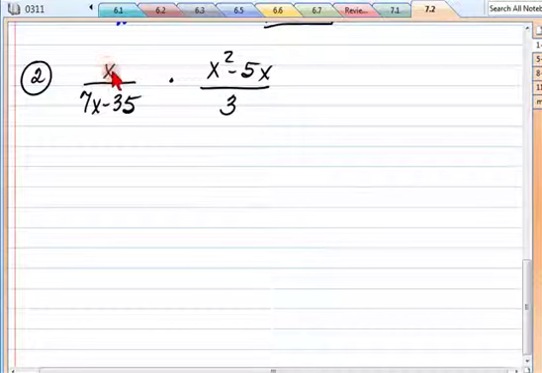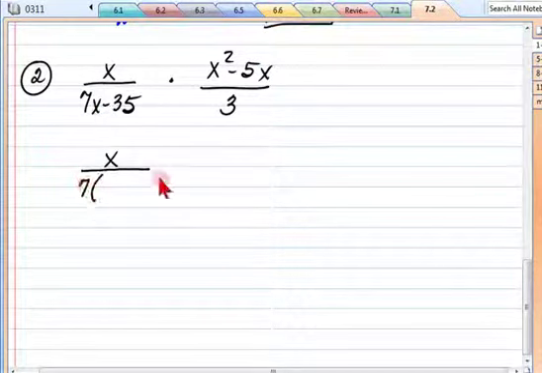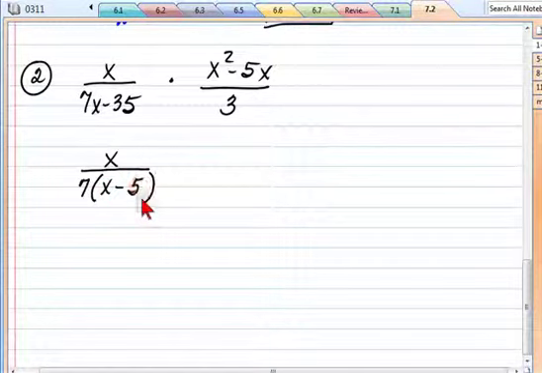Can the numerator of the first fraction be factored? No, it's just x. Can the denominator of the first fraction be factored? What do you see? 7 as a common factor. So 7 and the other factor will be x minus 5.